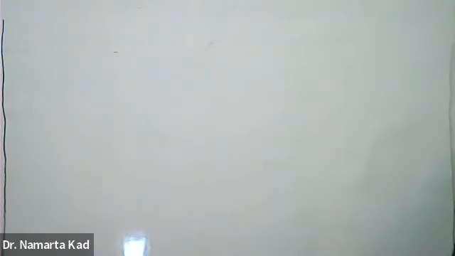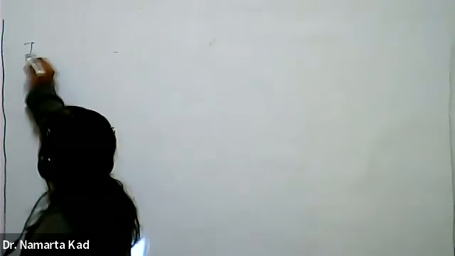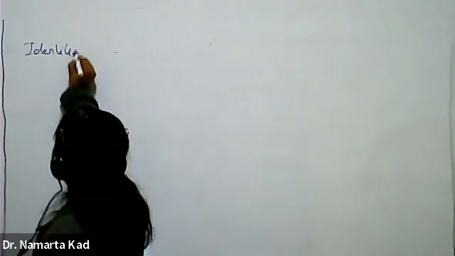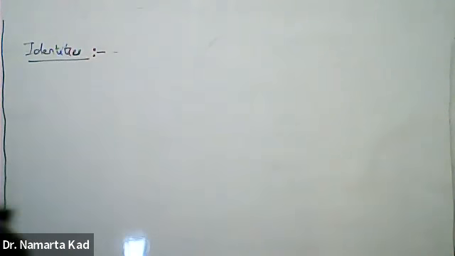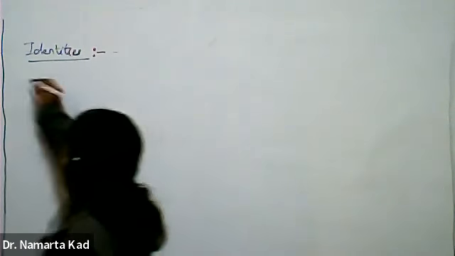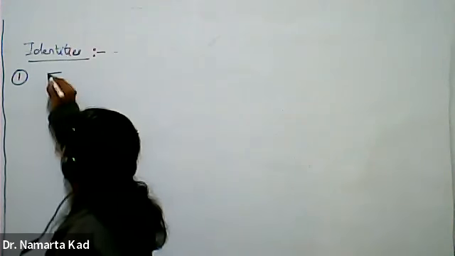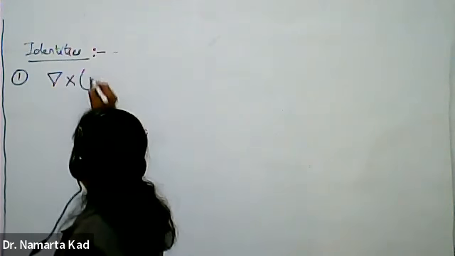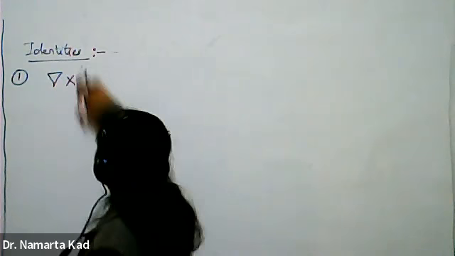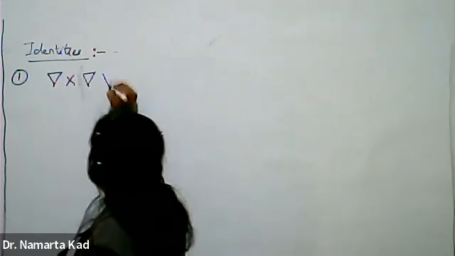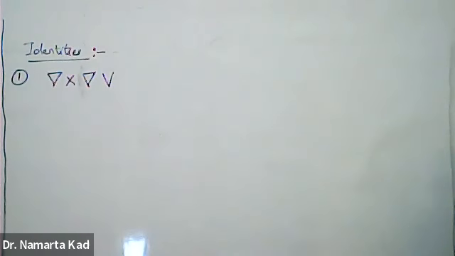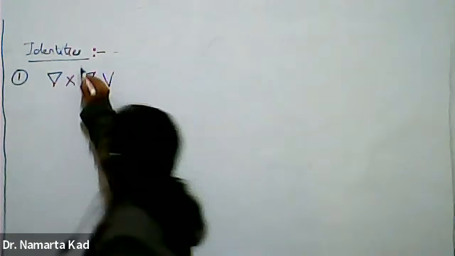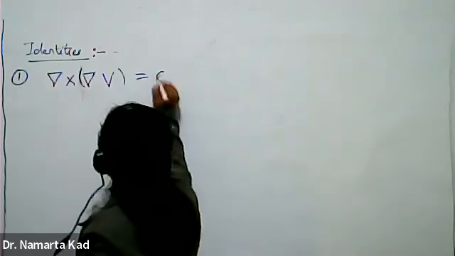Our first identity is del cross del v is equal to 0.